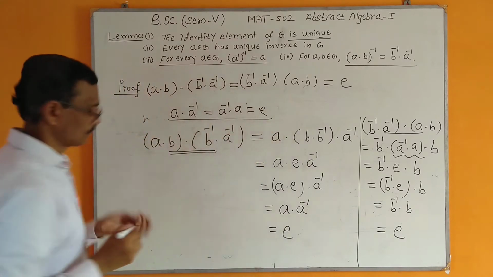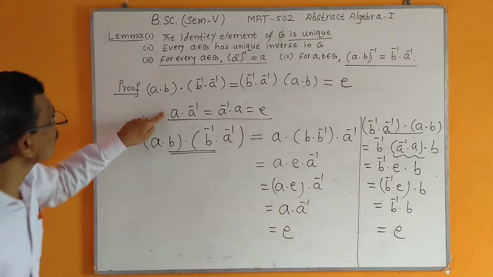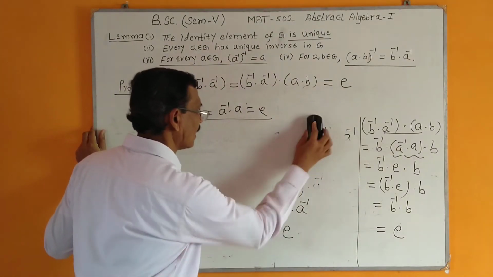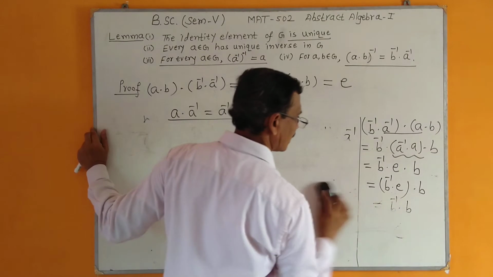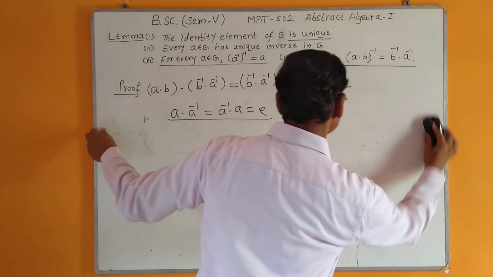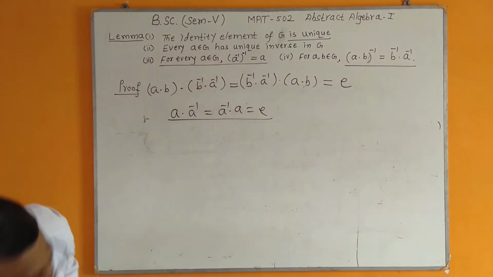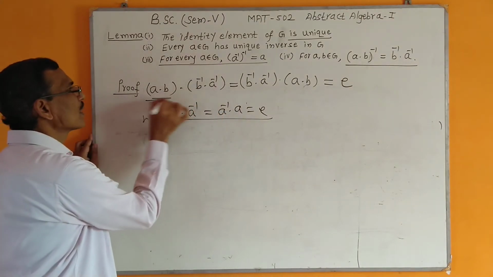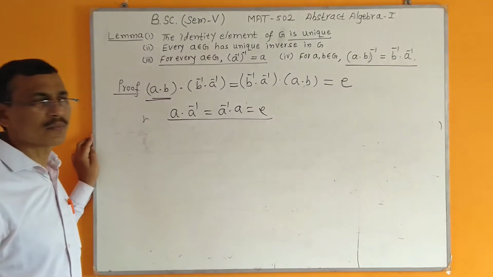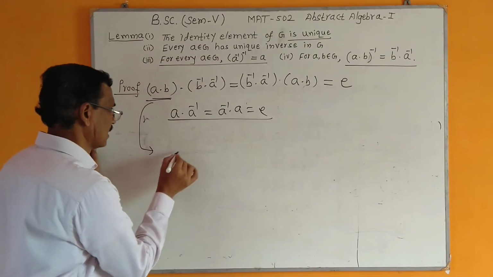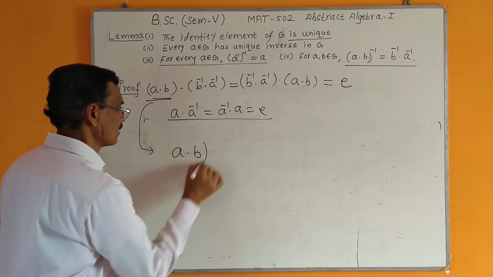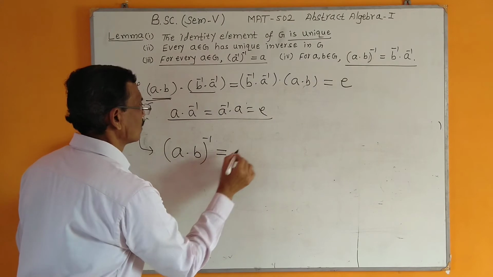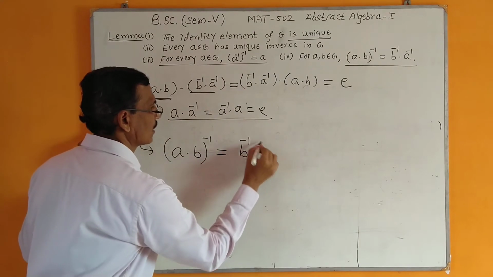Compare with this. If this is true, we say that A inverse is the inverse of A. This is the definition of inverse, and therefore by the definition of inverse, this implies B inverse dot A inverse is the inverse of A dot B, and it can be written as (A dot B) inverse is equal to B inverse dot A inverse.